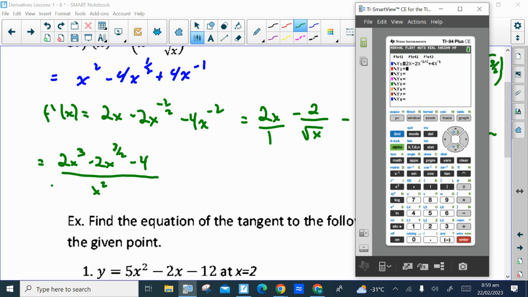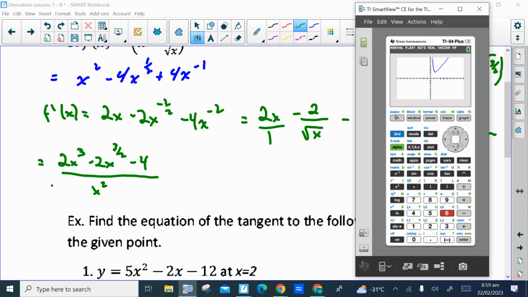Oh, that should be negative 2, not negative 1. I was looking at the line above. So 2x is right, minus 2x to the negative 1/2 is right, minus 4x to the negative 2 is right. So we can see what that graph looks like.